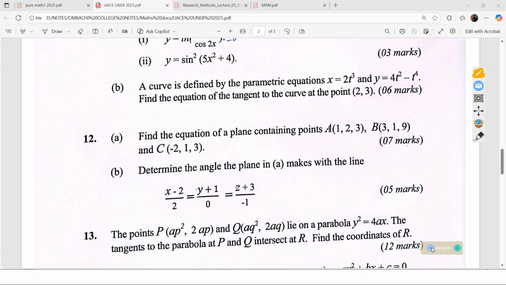So next we look at part B. Part B says determine the angle the plane in A makes with this line here.